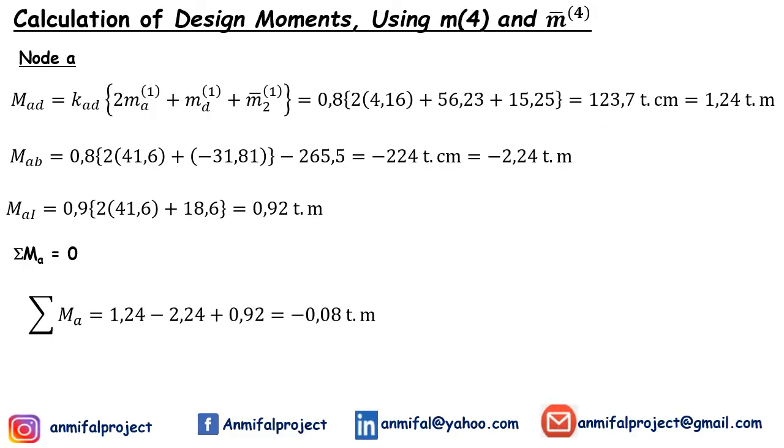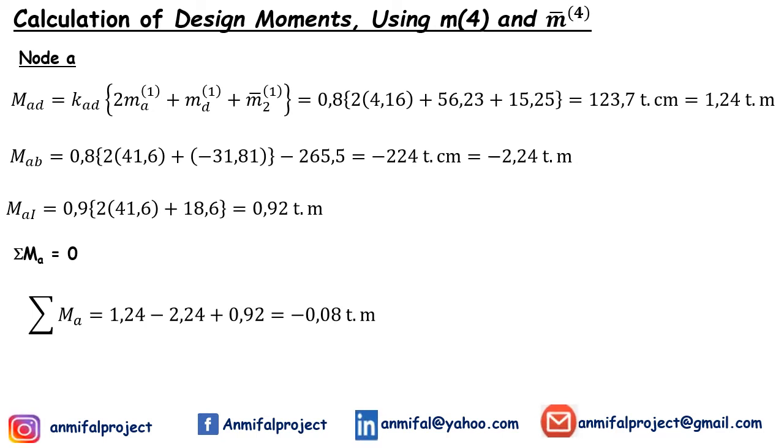The calculation of design moment can be conducted by utilizing the moment rotation and the moment bar rotations in the last iteration. So, by using the previous formulations in the Takabeya method, you can find every bending moment in every section.